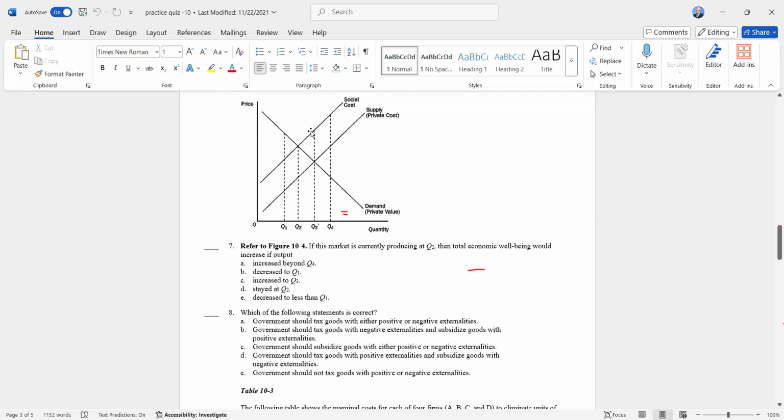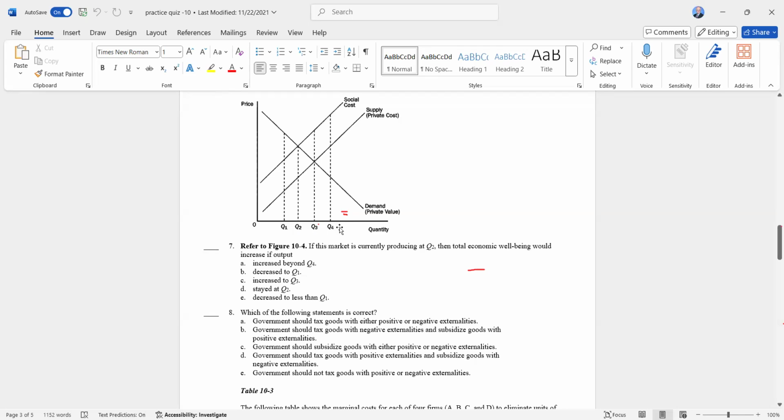If this market is currently producing at Q2, Q2 is my optimal, then would total economic well-being increase? No, it wouldn't. It stays at Q2. We're at the optimal. Now, what else could they ask? They could ask if you were at Q1, what would you like to do to be optimal? You'd like to increase quantity.